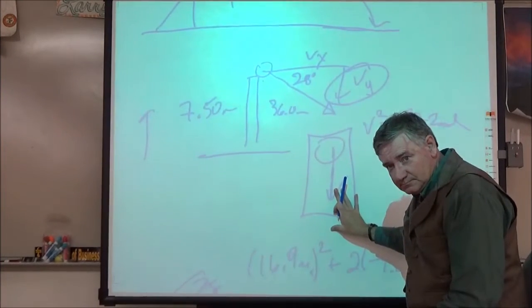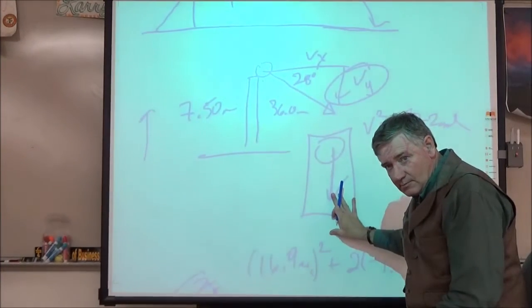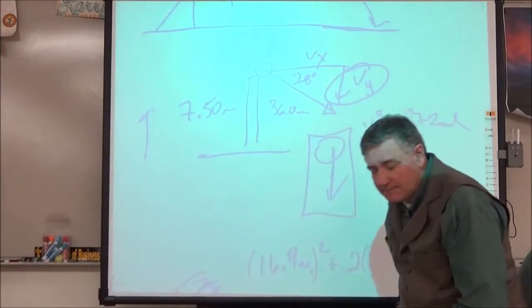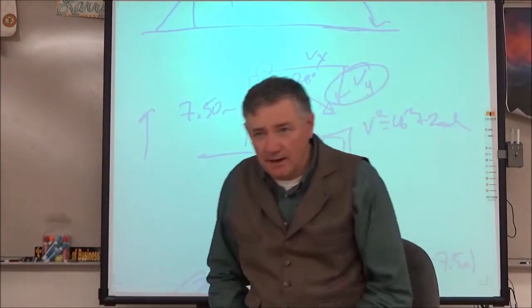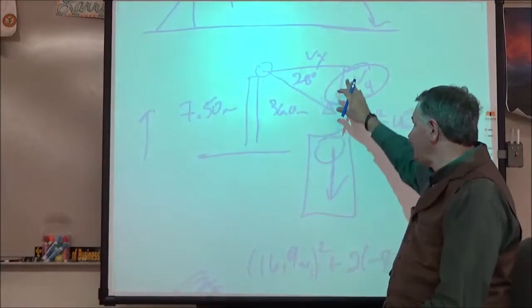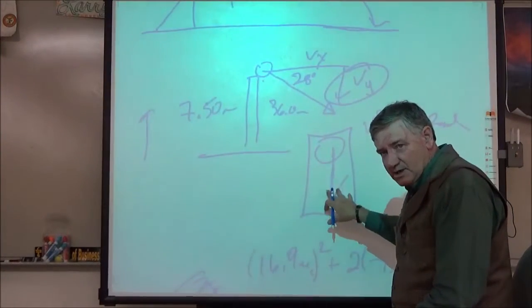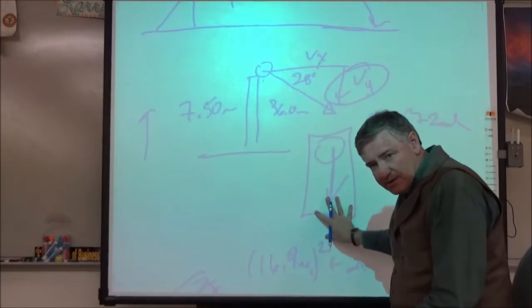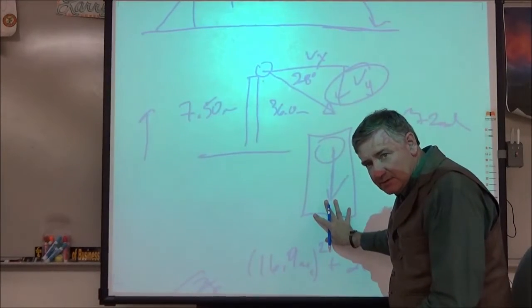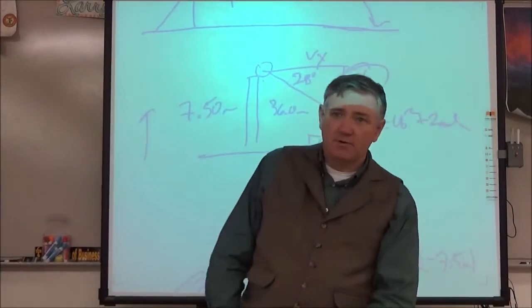That's how fast it's going at the beginning, and you're trying to figure out how fast it's going down here after it has fallen another 7.5 meters. Cool with that?